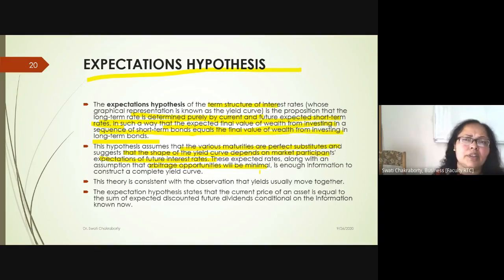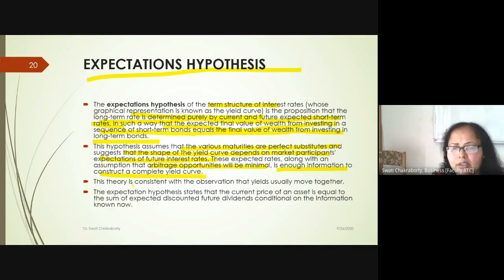Arbitrage means simultaneous buying and selling of assets or securities in different markets when there is a price difference, right? So the assumption is that that opportunity is minimal. That is enough information to construct a complete yield curve, right? So expected rates and the concept of arbitrage opportunities.